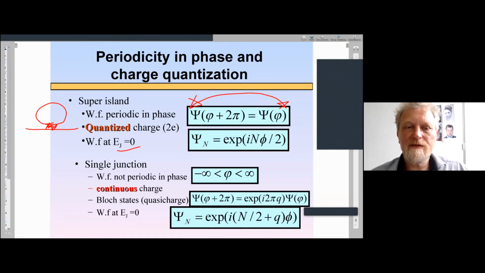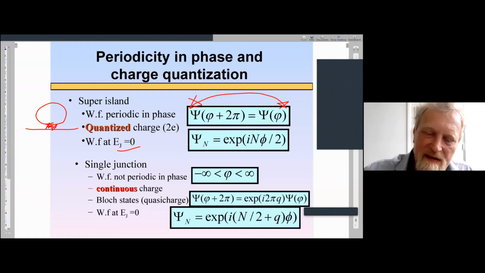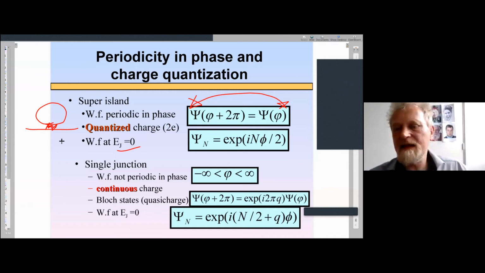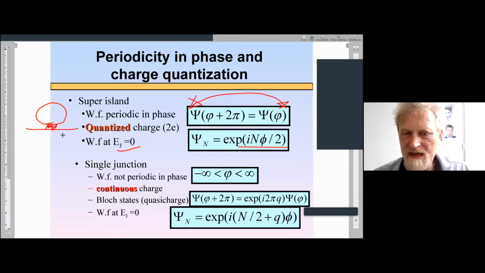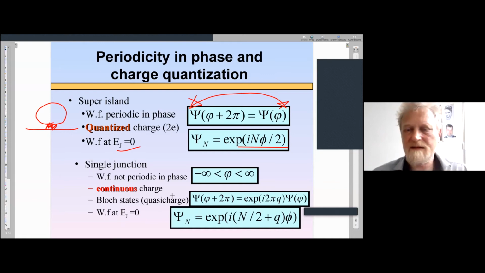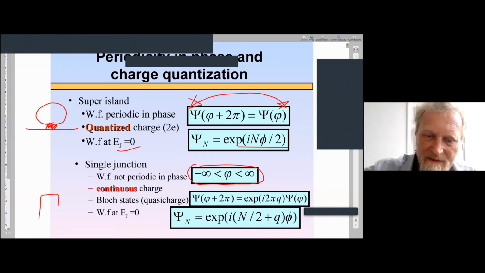As to the opposite choice of boundary conditions, it's a device where we just have a Josephson junction, but both electrodes are bulk electrodes. In this case, there is no charge quantization. Charge is continuous. And in fact, the answer for wave functions are Bloch waves.